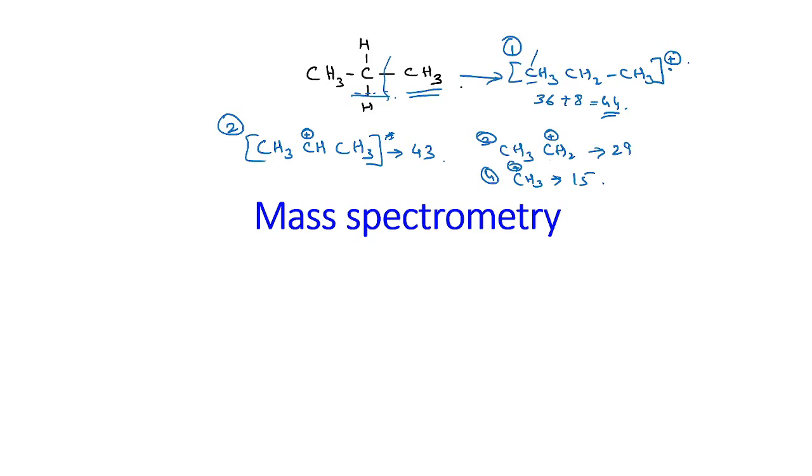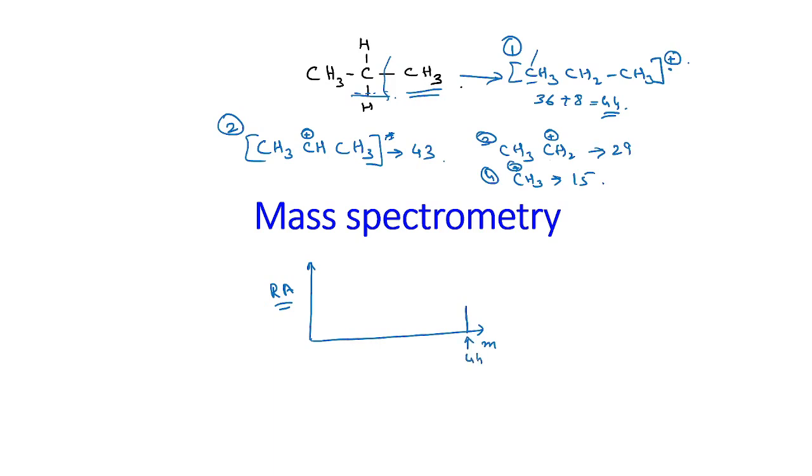So what we should get in a mass spectrometer: because in all of this we are having only single charge, Q is equal to 1. So we can write that our x-axis is M and our y-axis is the relative abundance. Now at 44 we will be having some peak.